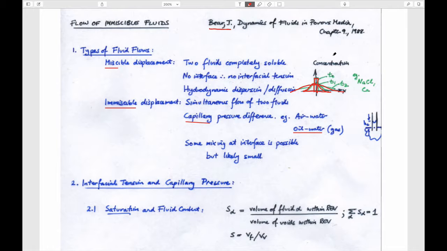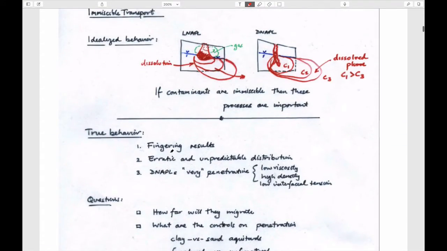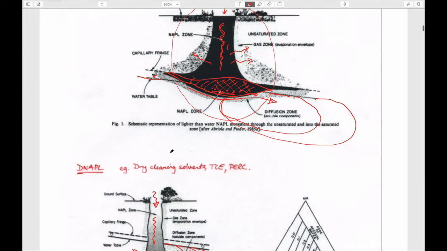And so that is not what we're talking about now. This is what happens once it gets into its place and dissolves in water. We're interested now only in what it will look like, and the morphology of it, when it first goes in. It'll have a lens here, cupped by the water table, which it will sit on top of, and it will have a smeared zone above it.